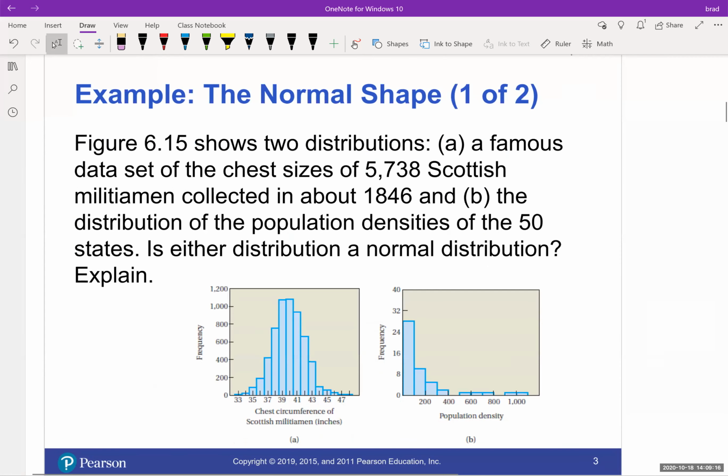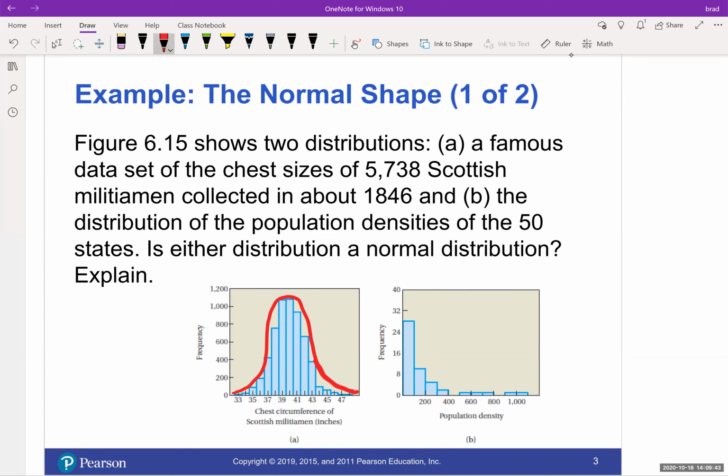Now, the normal shape. This figure below shows two distributions: a famous data set of chest sizes of Scottish militiamen collected in about 1846, and the distribution of population densities of the 50 states. Is either distribution a normal distribution? Explain. If you look right here, it kind of looks normal, right?